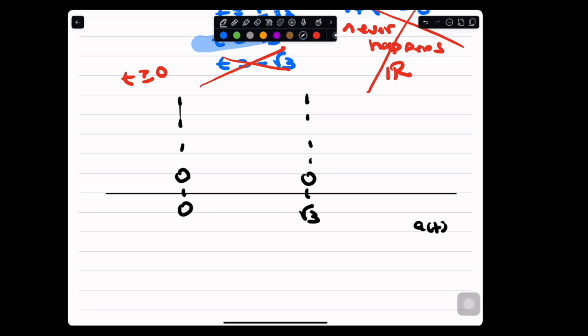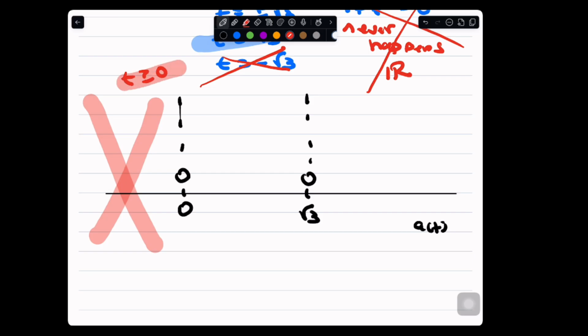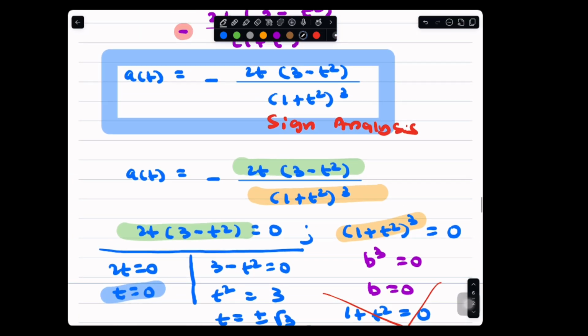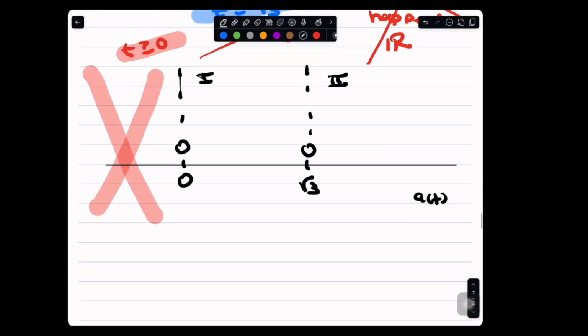So remember, you got to throw out what? The negative portion. t is greater than or equal to 0. You only have 2 regions here, not 3 regions for sign analysis. So remember, the whole idea is to get the second derivative now, do your sign analysis.